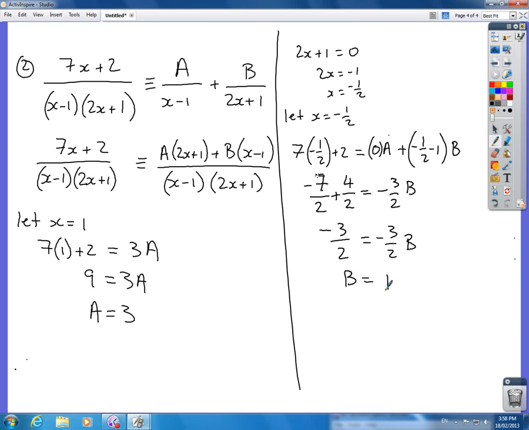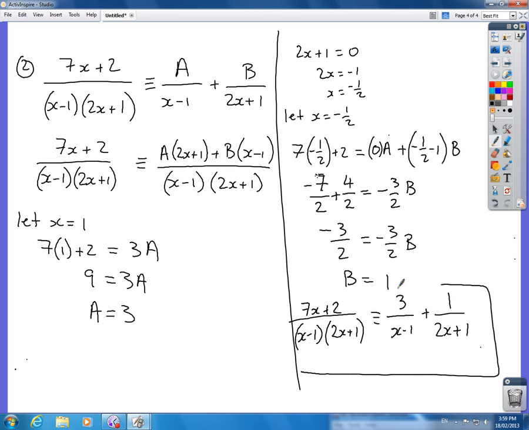So I've got A equals 3 and B equals 1. So our equation becomes (7x + 2) all over (x - 1)(2x + 1) is the same as 3 on x - 1 plus 1 on 2x + 1.